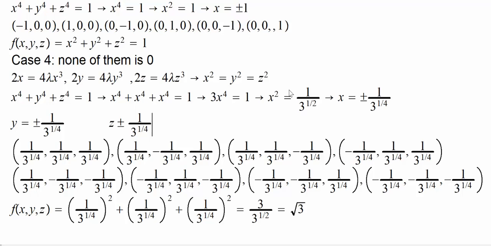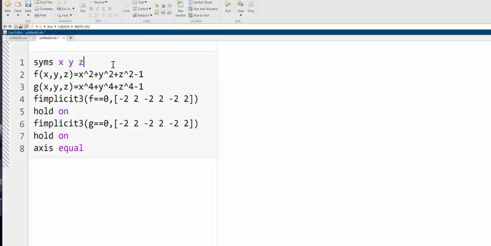I'm just going to create a Matlab graph and show it to you. I already created a live script for you. This is for the minimum values, so I'm making a level surface corresponding to the minimum value, and this is your condition, x to the 4 plus y to the 4 plus z to the 4 equals 1, and this equals 1 is the minimum.